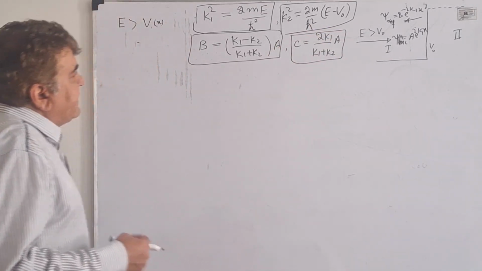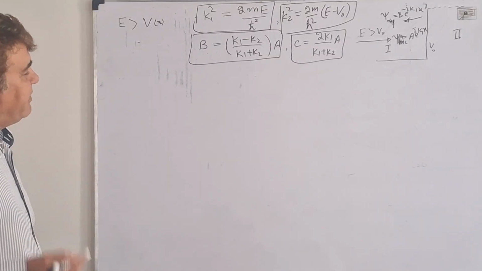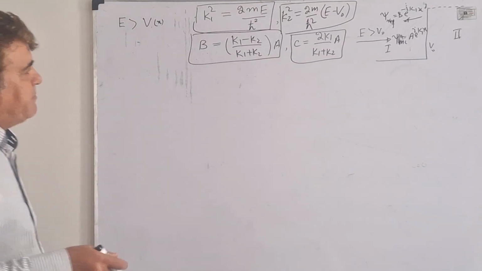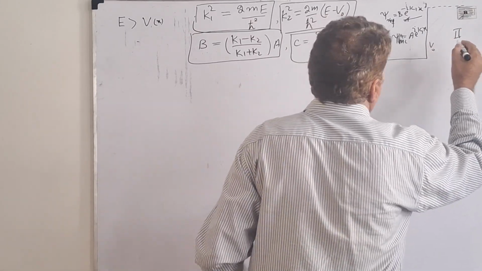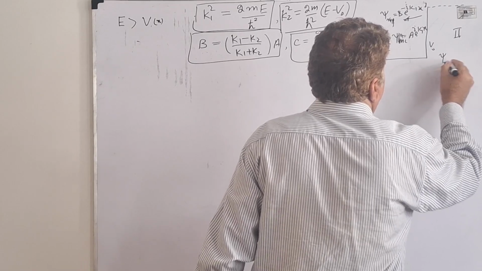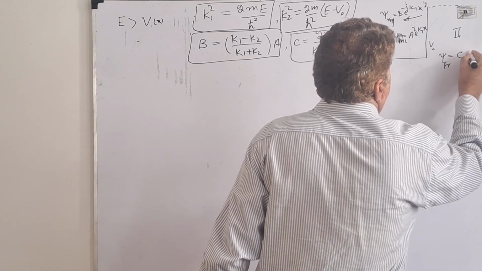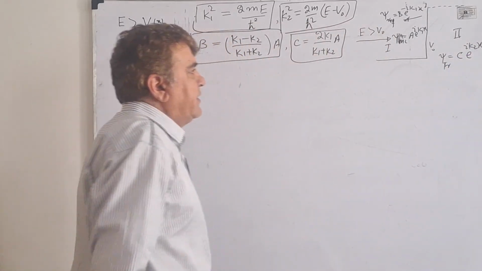So next I find the transmission and reflection coefficients. The transmitted wave is given by psi transmitted equals C times exponent iota K2x. That was the value of psi transmitted.